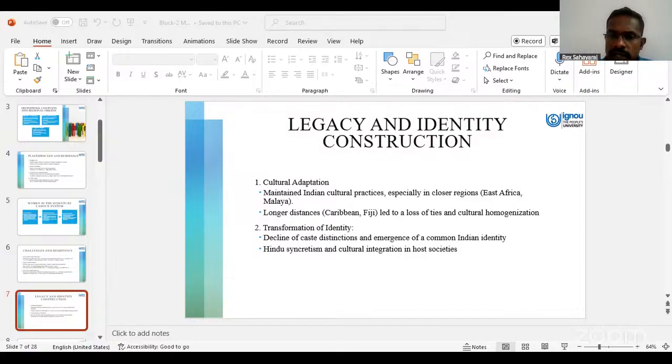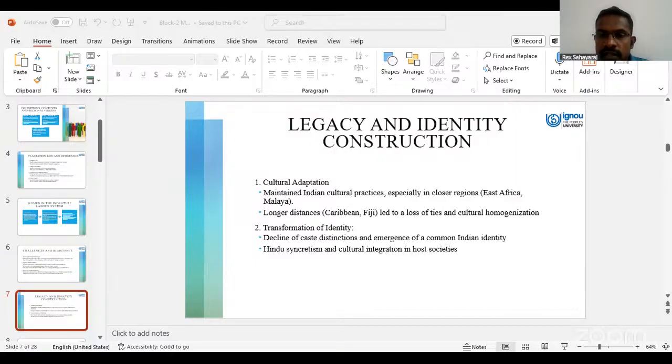So Indian indentured labor migration across the world, when you look into Mauritius, as you have seen, a lot of numbers, and now Mauritius is an independent republic with a constitutional monarchy system of Indian president and Indian prime minister, right?